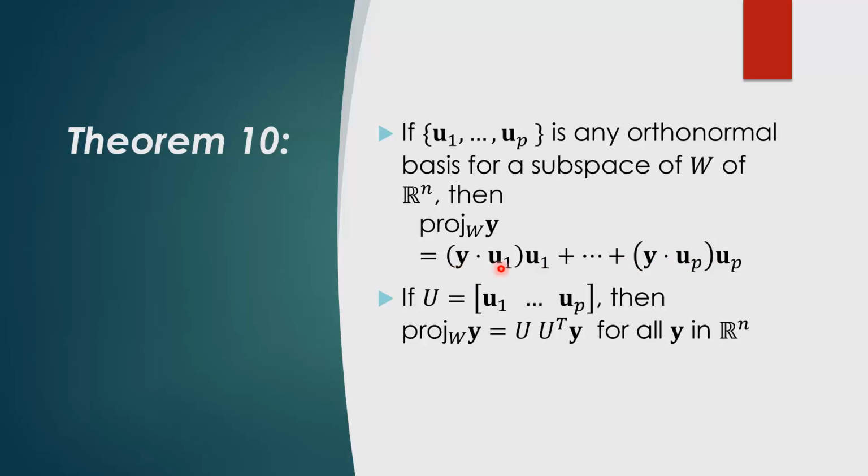So notice there's no u1 dotted with u1 in the bottom of this, or up dotted with up with the last term. That is because it's an orthonormal basis, which means the length, the magnitude, is equal to 1.